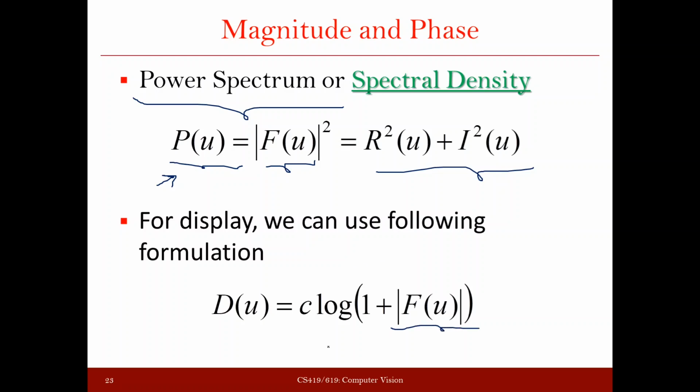We take the log of that value and then plot it. We'll see the example, and with the help of this log we will be able to magnify them. So this log function is just used to magnify the values of f(u), so that when we are plotting them, we can see them. So conversion of f(u) to D(u) is just done for visualization purposes. This doesn't have any other application.